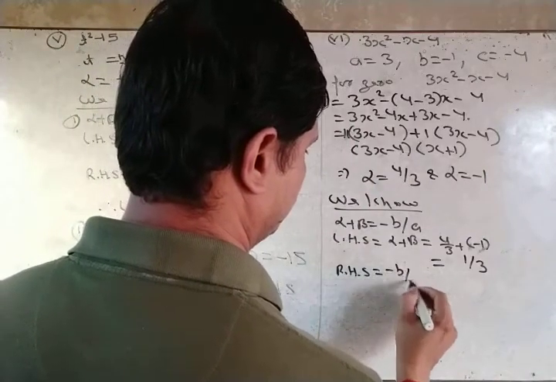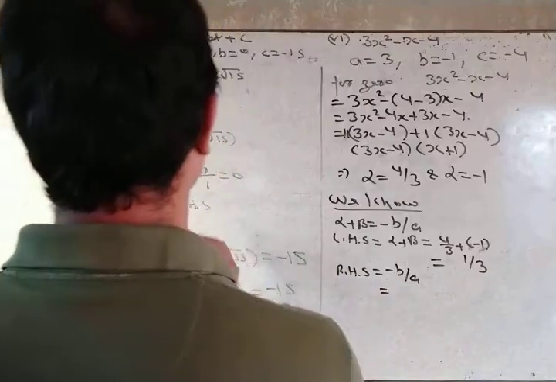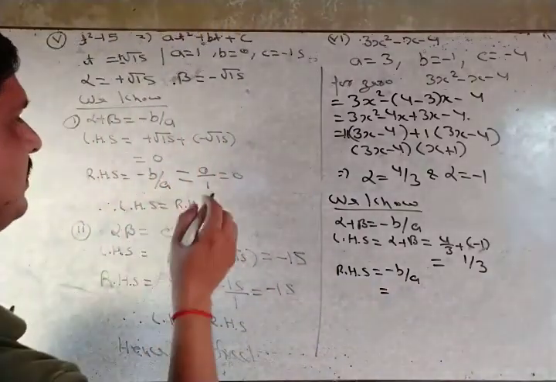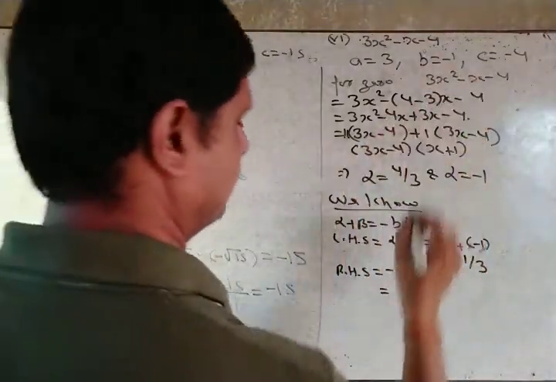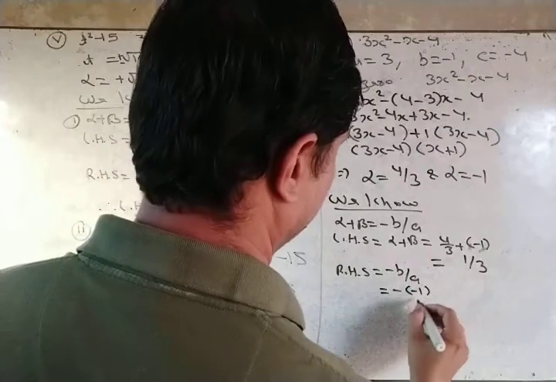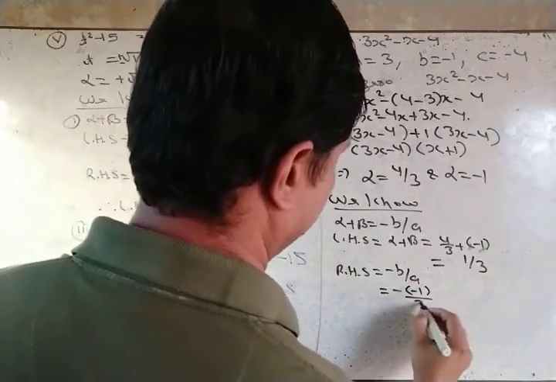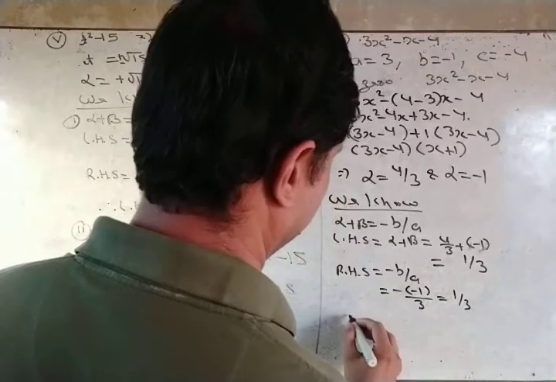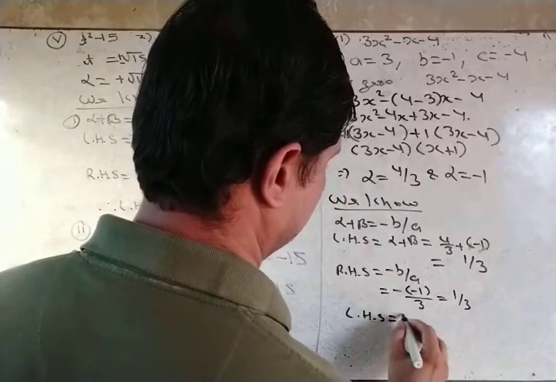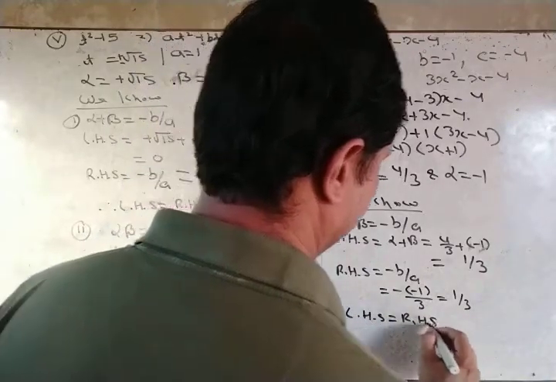This is minus b by a. Minus b means minus of minus 1, and a is 3. Hence, LHS is equal to RHS.